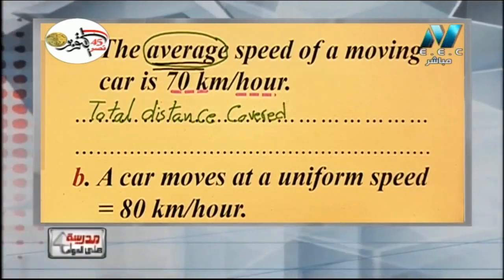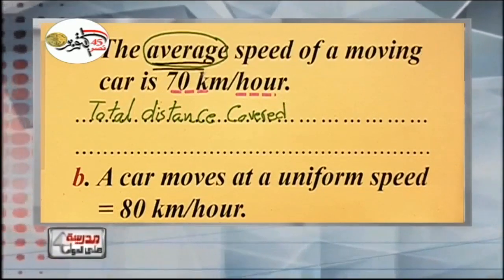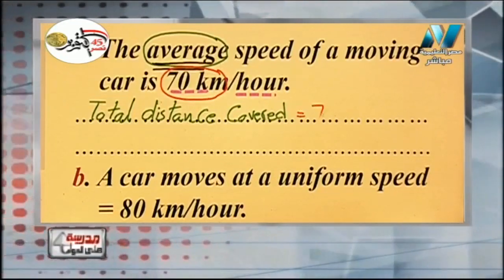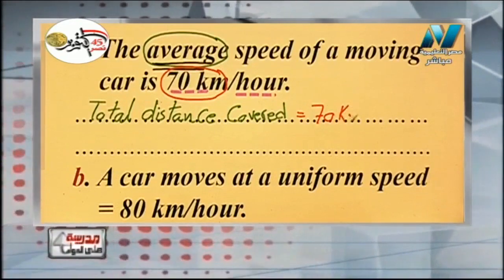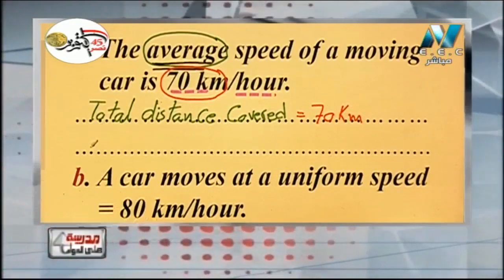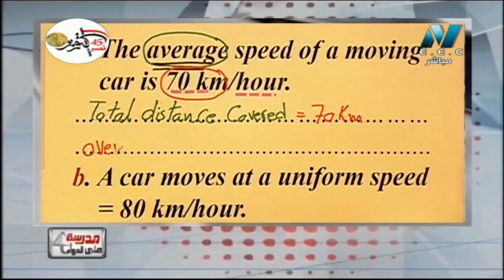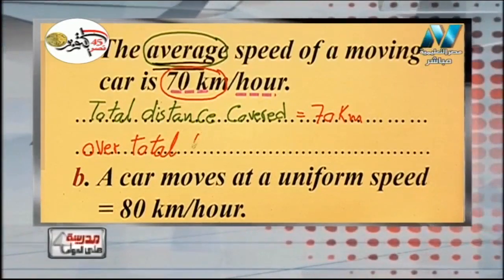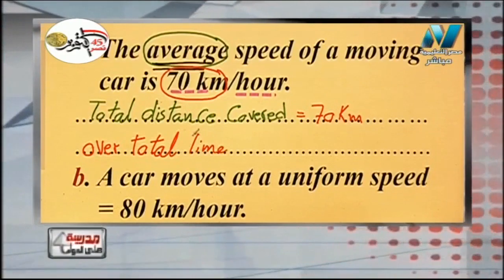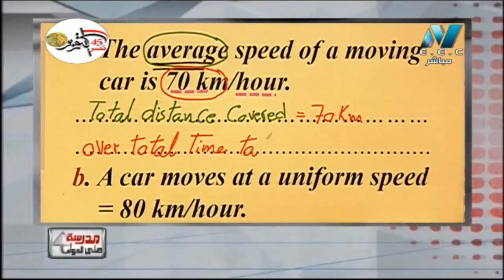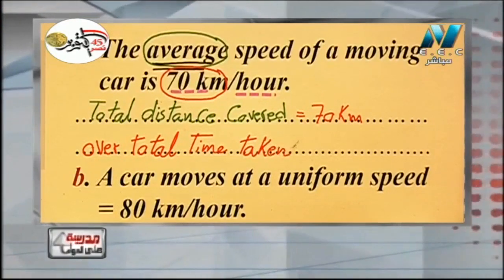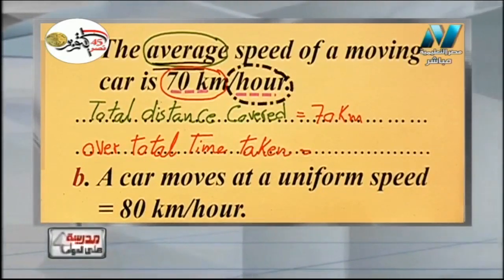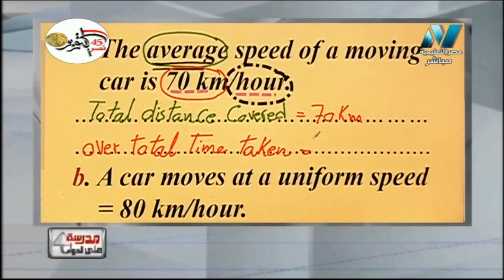We have 70 kilometers, over total time taken, which equals what? Time is how many? It is an hour. So 1 hour.